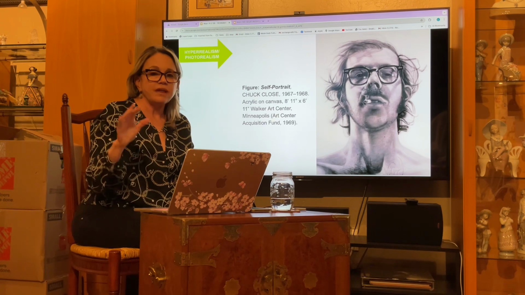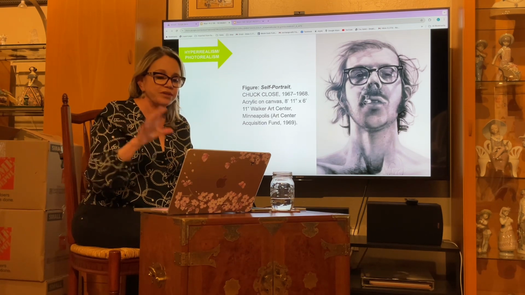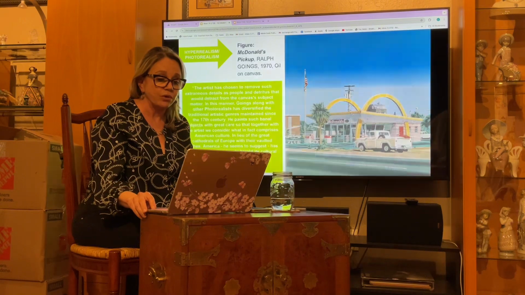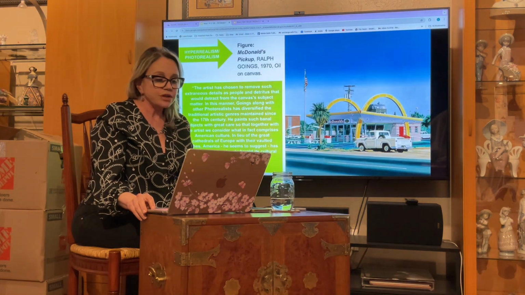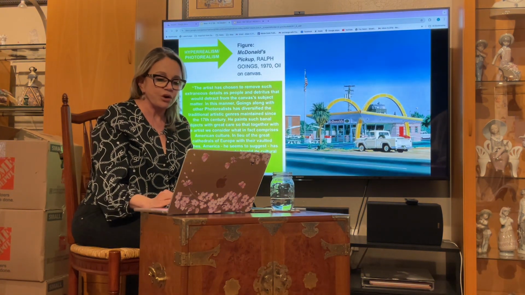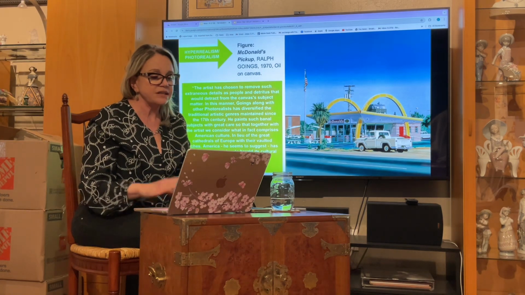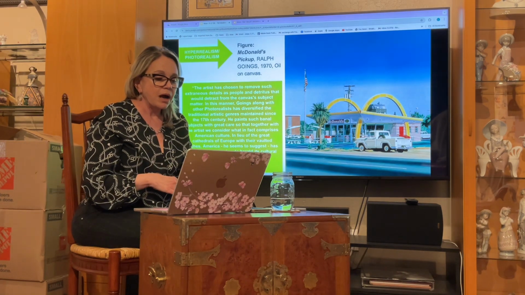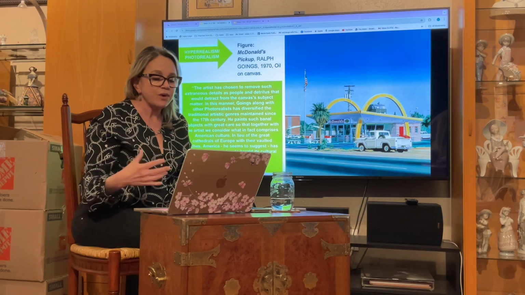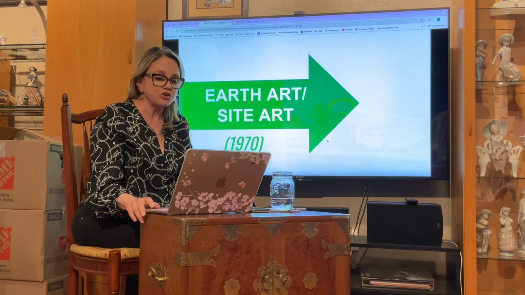Instead of being surreal, this was very hyperreal. Here's another example. The artist removed extraneous details so that people wouldn't be distracted when they're looking at the image.